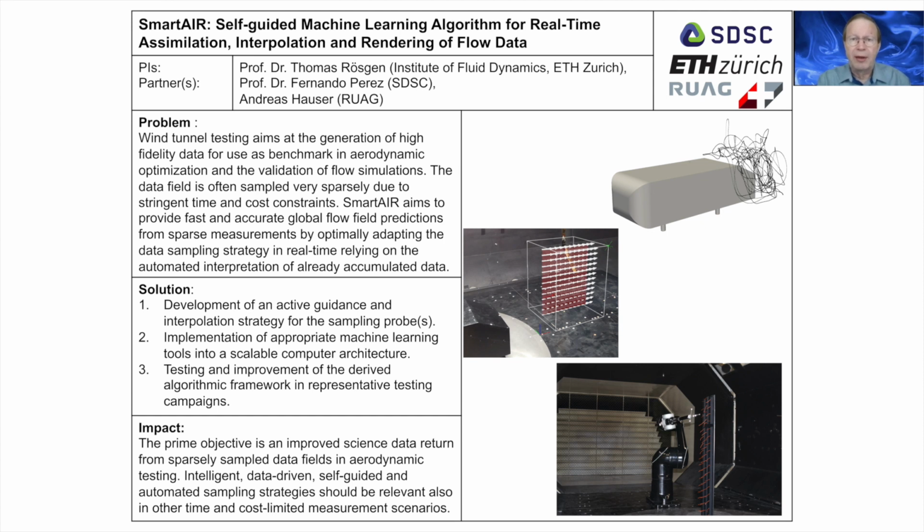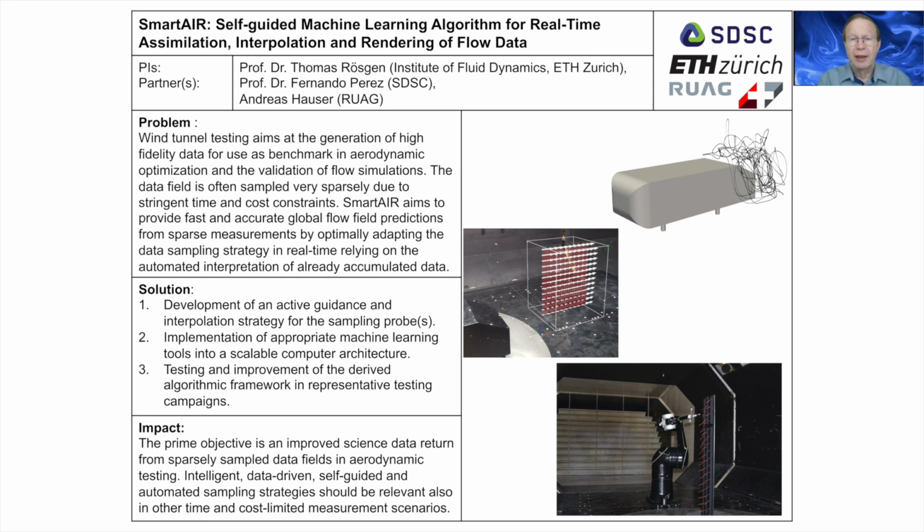We hope that by having an algorithm, machine learning based, that can analyze the data that has been acquired already to predict where more sampling is necessary and thus guide the human operator with their probe to the points of interest.